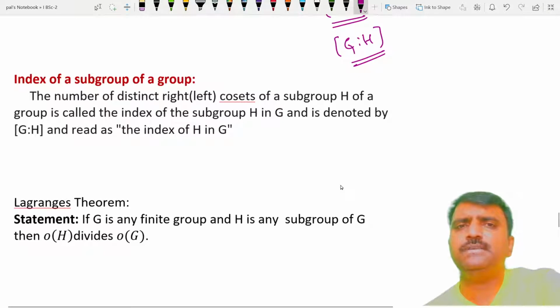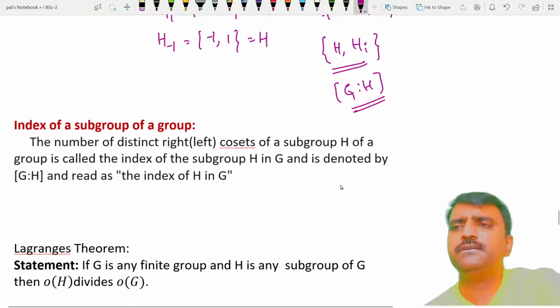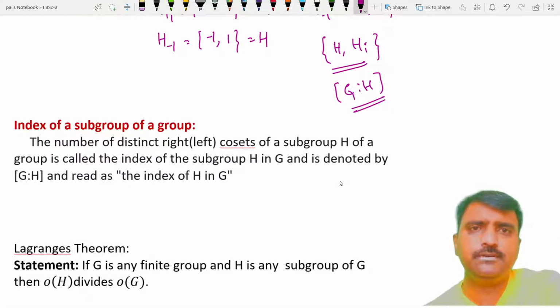The number of distinct cosets of H in G is called the index of H in G.